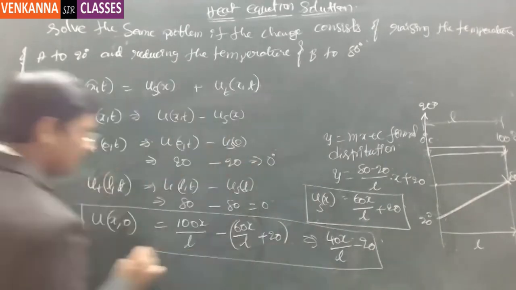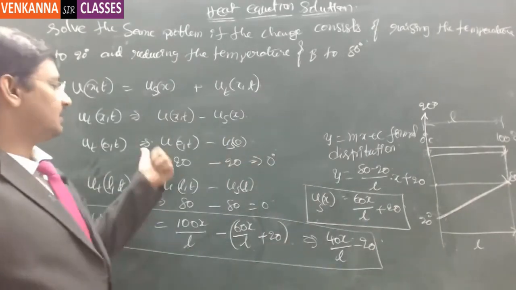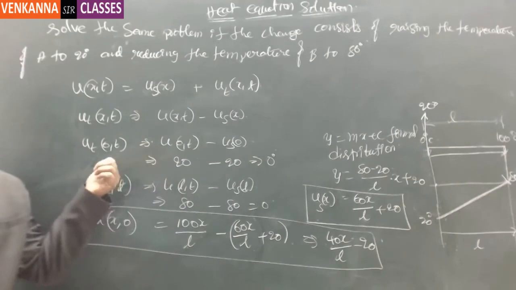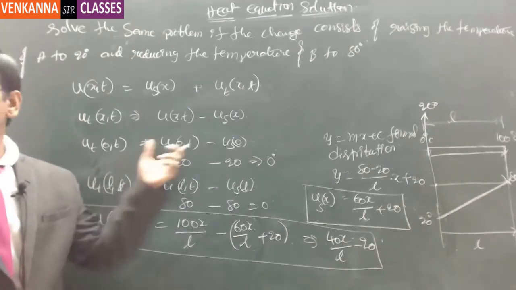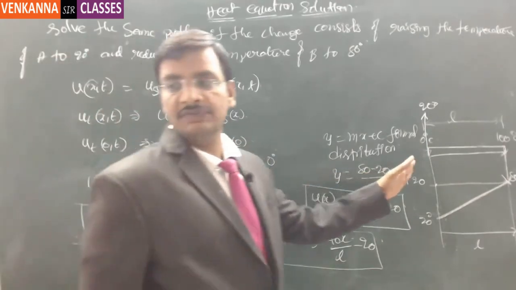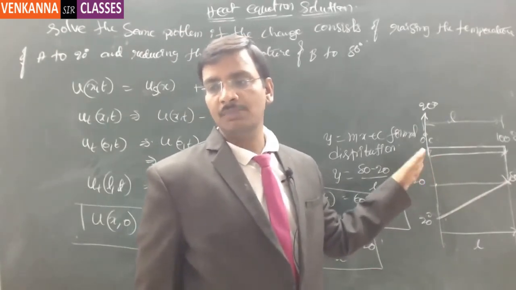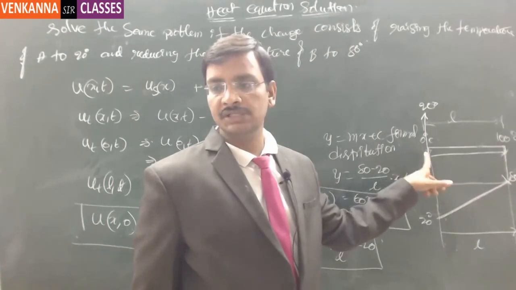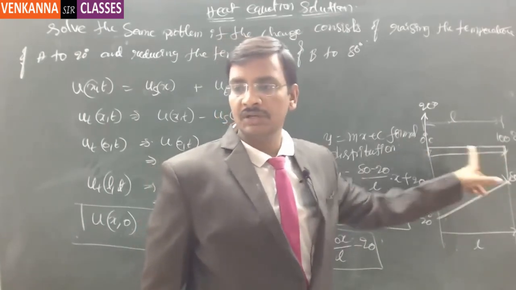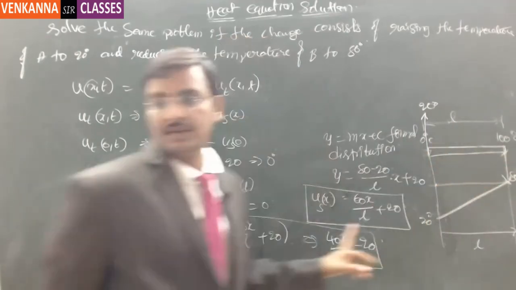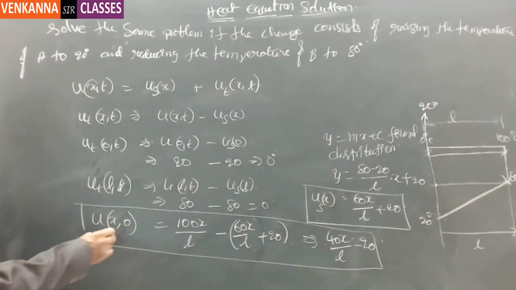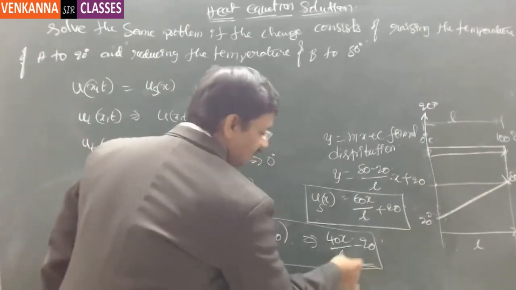Now the roles taken by this are the transient solution at 0 comma t. This is the same boundary condition as in the previous case, but earlier it was for the complete solution, and now it is for the transient solution. This is 0 and this is 0. This is how the temperature distribution for the initial condition of the transient solution is interpreted.